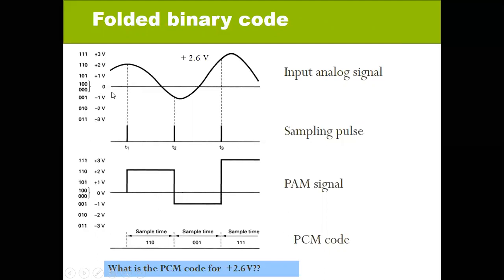In this way, we have 0, 1, 2, 3 for the positive values going upwards, and 0, negative 1, negative 2, negative 3 for the negative values going downwards. So the codes are 1, 0, 1, because the first bit is the sign bit, and 1 is positive.